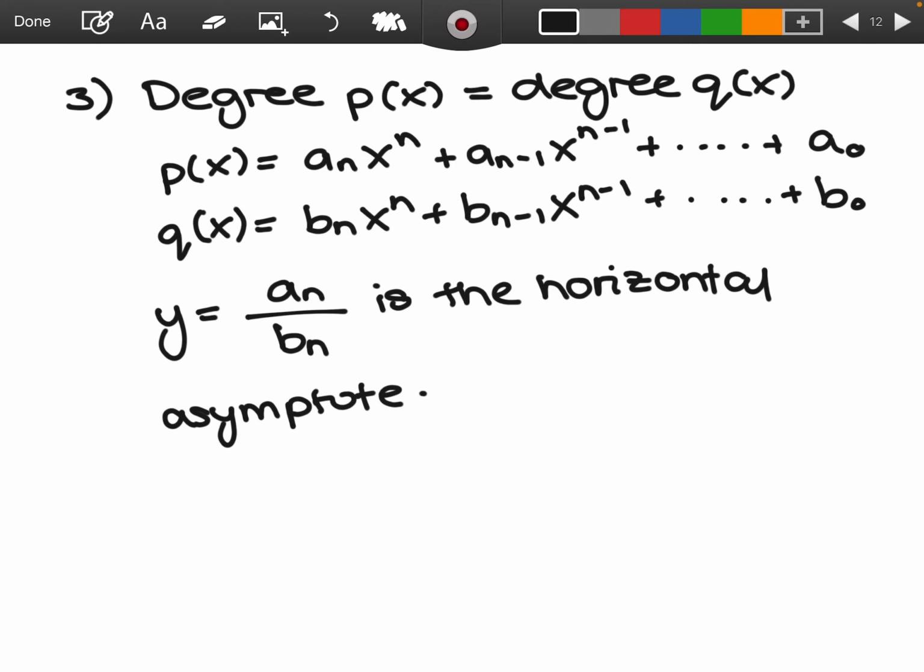Okay. We'll do a quick example of some of these. So the first one that we'll do is f of x is equal to x cubed over x to the 4 minus 5. Okay.